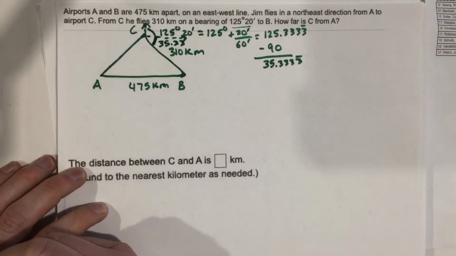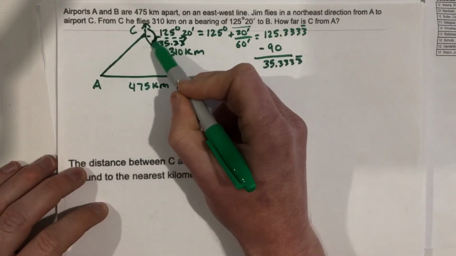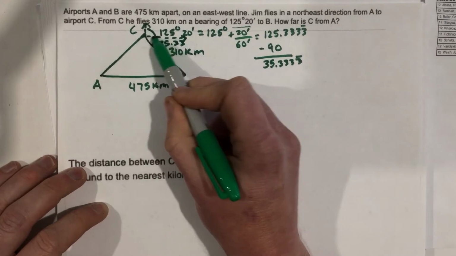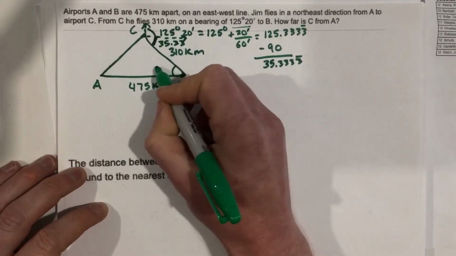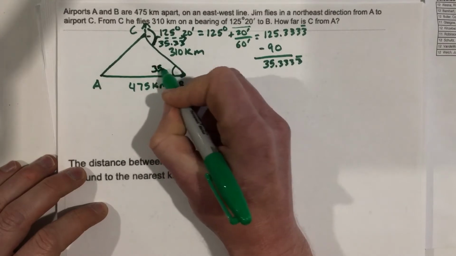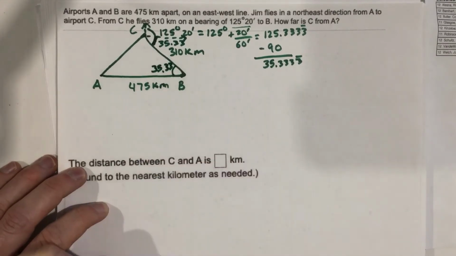Well, I know that opposite interior angles, if this angle from due east is 35.33, then this angle in here is the exact same, 35.33.